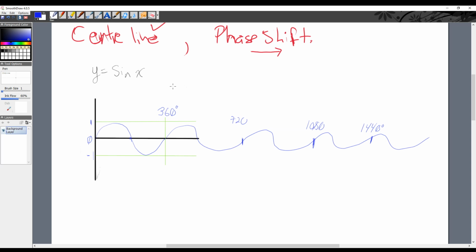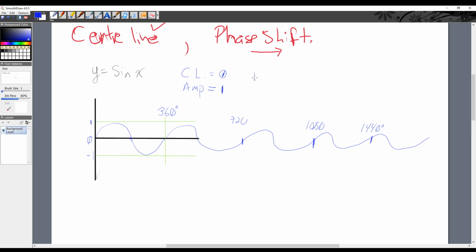But I'm going to always keep track of a bunch of things. I'm going to keep track of the center line, which I'll short form as center line. The center line for this one is at 0, as can be seen right here. It's got an amplitude, which is how far away it can get, and I know, because I've done this a bunch of times, that the amplitude for this function is 1.